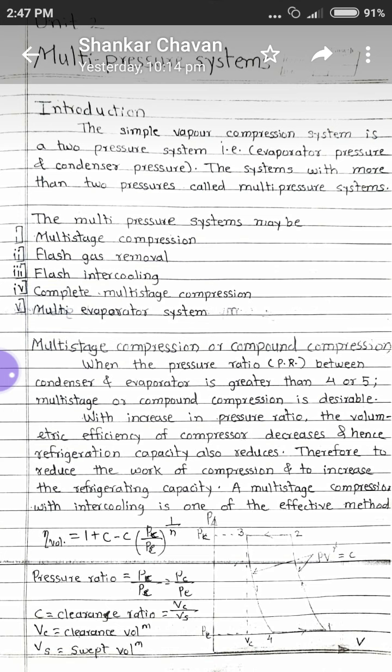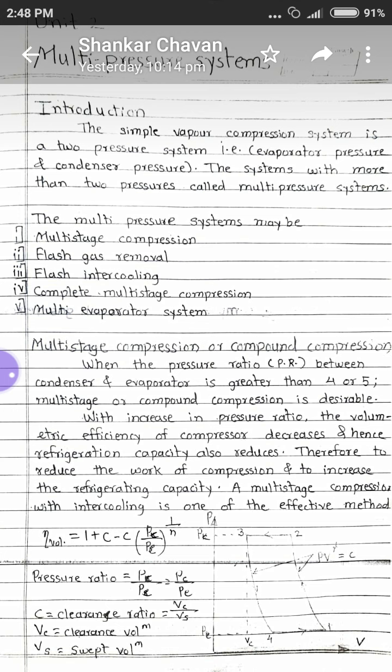Now we remember the thermodynamics of second year. In that thermodynamics there is one chapter, that is compressor. In this chapter we discussed the derivation of the work of compression, that is compressor work. If we increase the pressure ratio and this pressure ratio exceeds a limit, then compressor work increases.